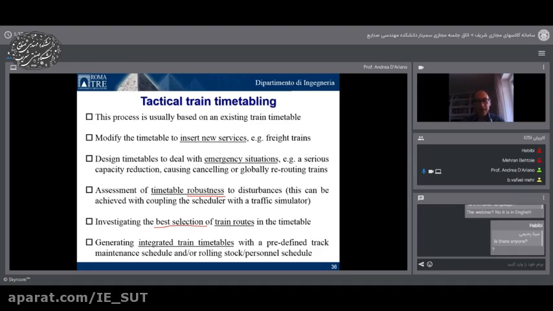I was dealing both with rolling stock maintenance in some cases, for example, when I was collaborating with Trenitalia, a train operating company of high-speed trains and local trains in Italy, and also with infrastructure maintenance scheduling.